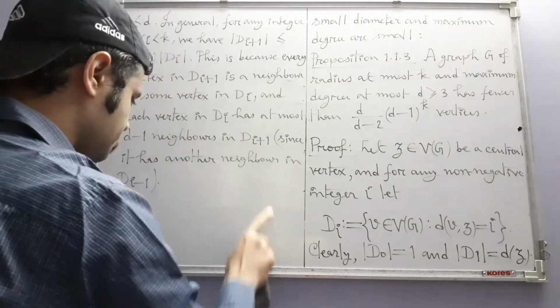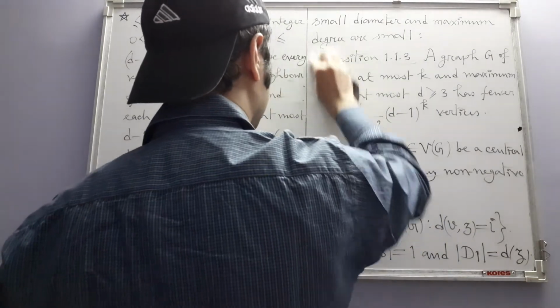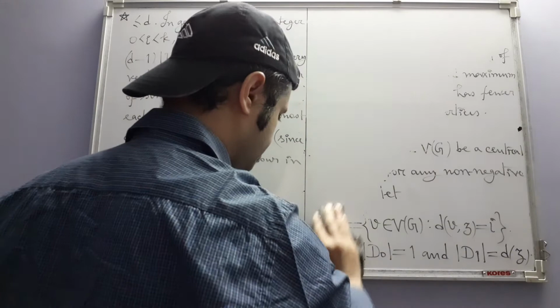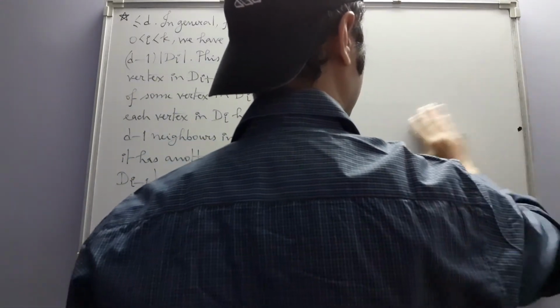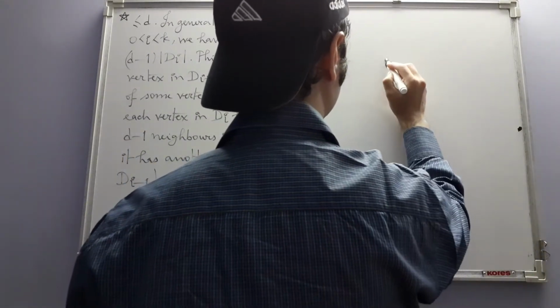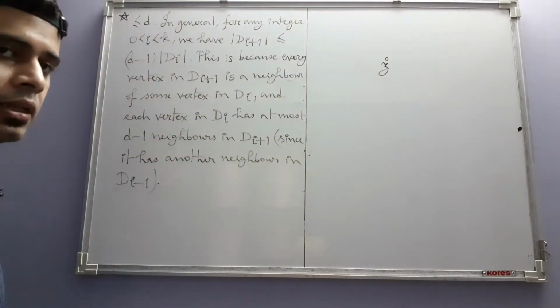I think this space won't be enough for the explanation. We have to draw a figure. We have the central vertex Z here, somewhere in the graph.